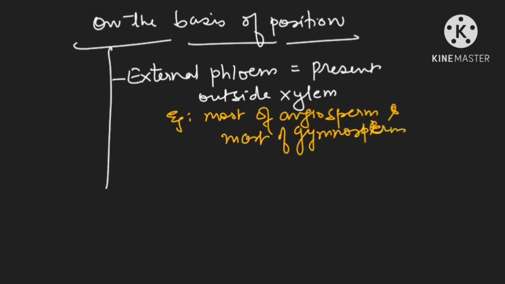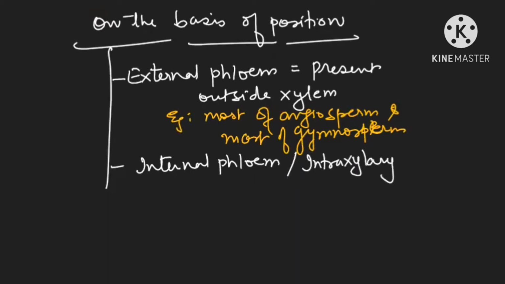Now the second is, and this is important, your internal phloem. It can also be known as intraxylary phloem. Clear? Actually, it originates from procambium. It is also primary phloem, but it is present inner to the primary xylem, just like in a bicollateral vascular bundle.